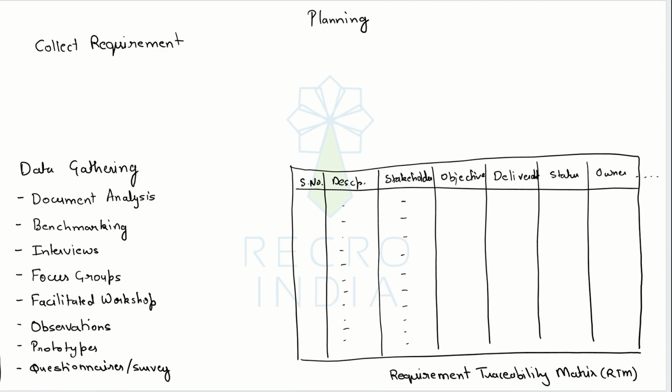So those things are not yet available, but as we progress forward in planning, these columns can be populated, and then at the end of planning, this traceability matrix can become an integrated document that will help you to trace each and every requirement throughout different aspects and different stages of the project.